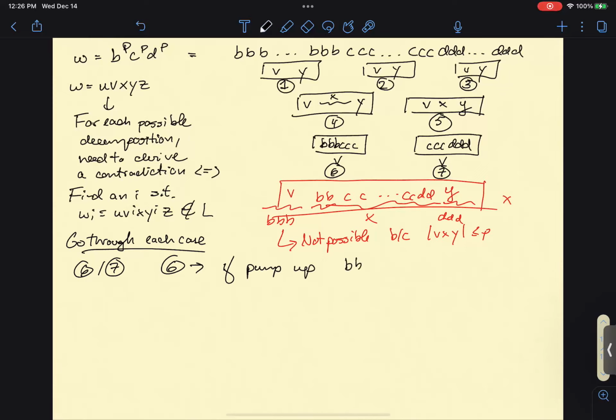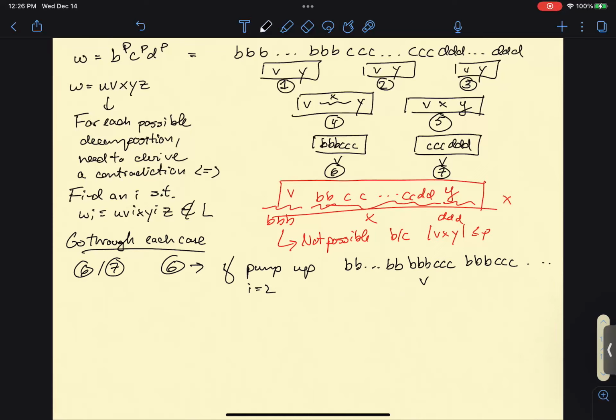You get B's, and then the first V is B, C, let's say, and then you get another V, and then something else. But this clearly doesn't have the form B's then C's then D's. Just because it doesn't have the form, it's already a contradiction.